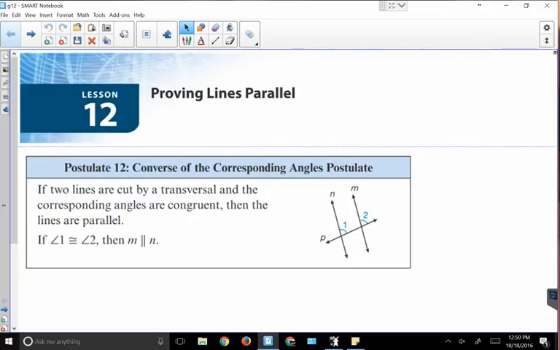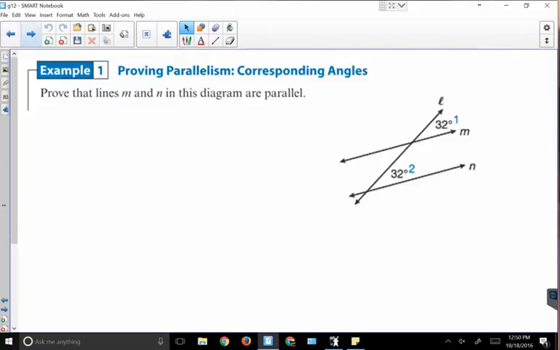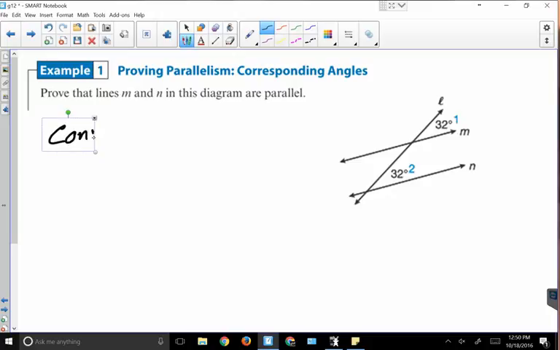That's it. So, when they ask you to go through and prove something like this, all that you are going to have to do is you wouldn't put down postulate 12. What you would do is write something to this effect. Come on, pen, work. You were working before. No, you're not working. So, converse of what? What is the name of the postulate we just took a look at?